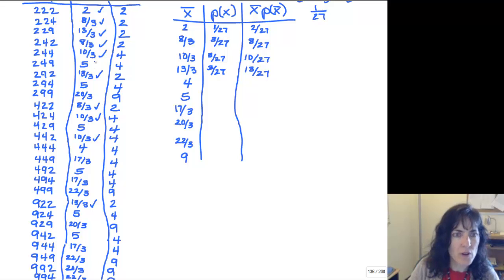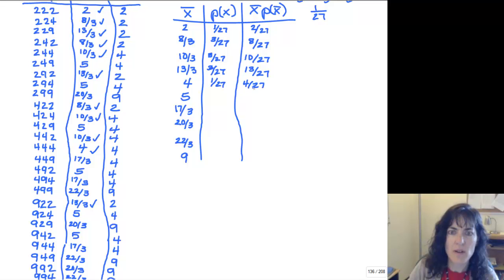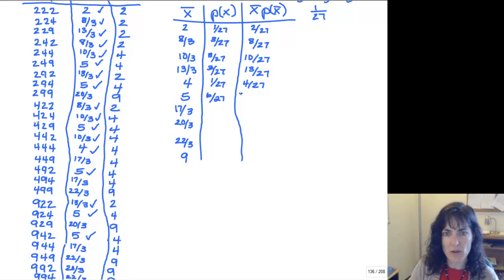Then 4, I only have a single 4, so that's going to be 1/27, and when I multiply, it'll be 4/27. And then I look at the 5, so I have 1, 2, 3, 4, 5, 6 of them, so I have 6/27.